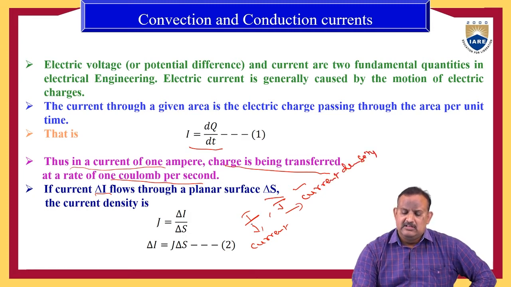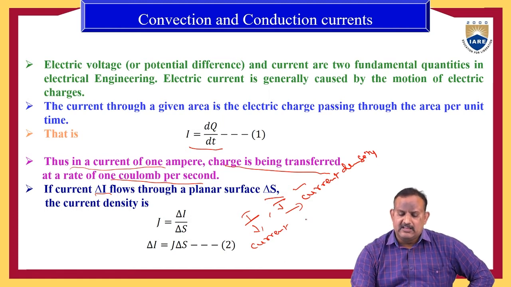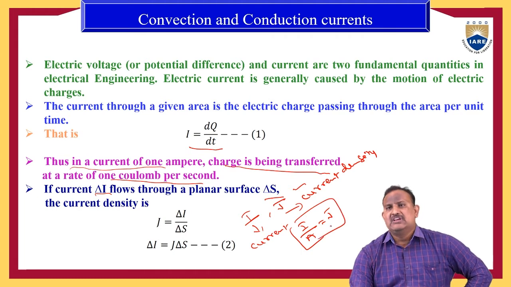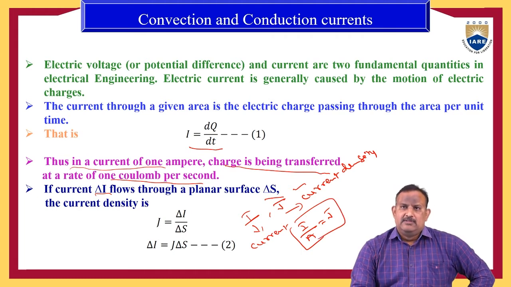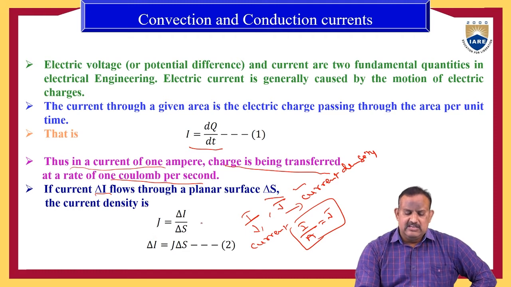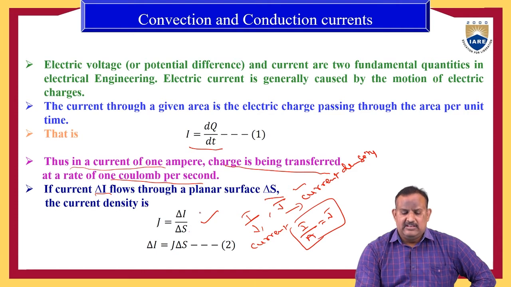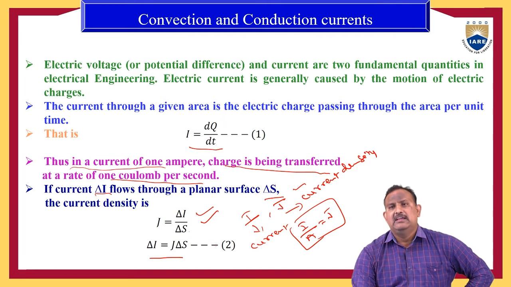Current density means current per unit area, I by A. Therefore, the current density J is equal to delta I by delta S, change in current by change in surface area. Therefore, we can express delta I as J into delta S.